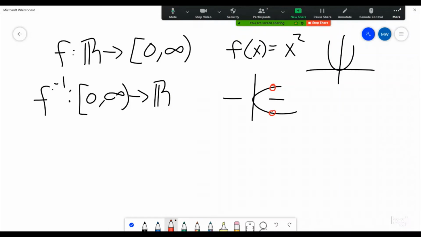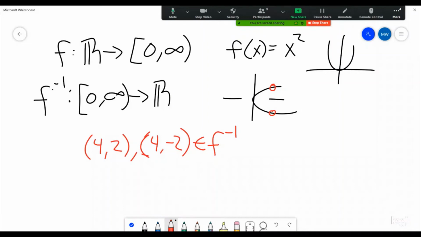Because, for example, we have the pair 4, 2, and 4, -2. These are both elements in our inverse relation. So this is not going to be a function. It is a relation, but it's not a function.